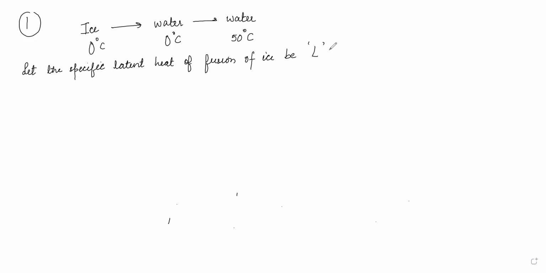The unit is joule per gram, or for L you can write J g^-1. Then, before the amount, we'll write down the mass. So what is the mass of ice? The mass of ice given to us is M is equal to 10 gram.